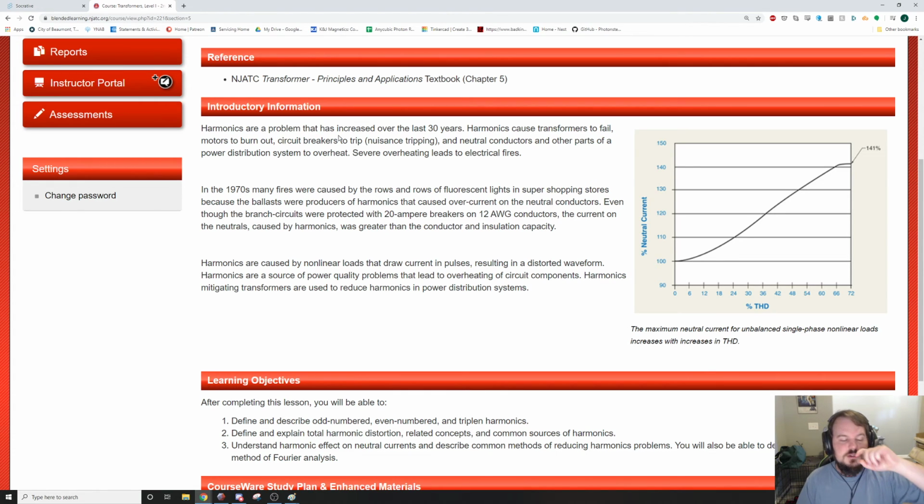LED fixtures and fluorescent fixtures cause way more, so it's actually getting better. But incandescents don't cause any harmonics. They're just bad in several other ways. LEDs are quite a good balance of problems to efficiency.